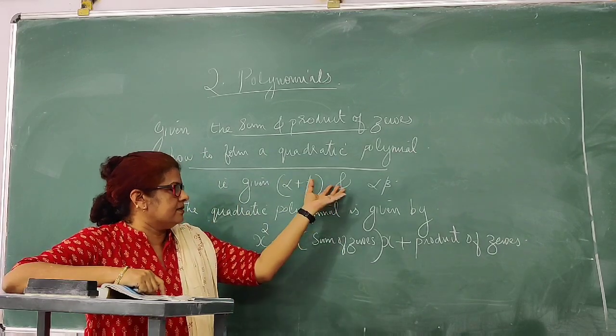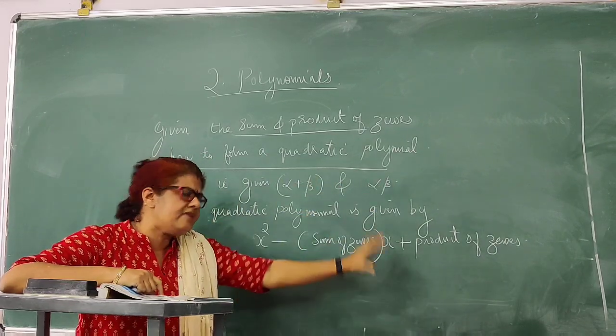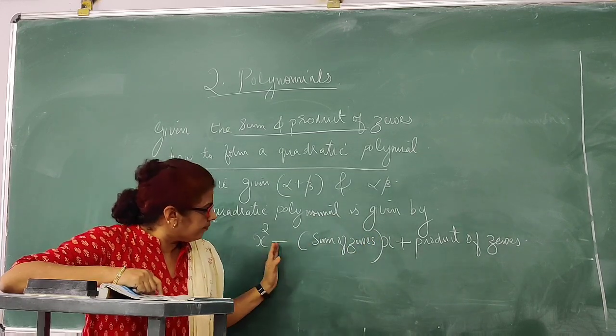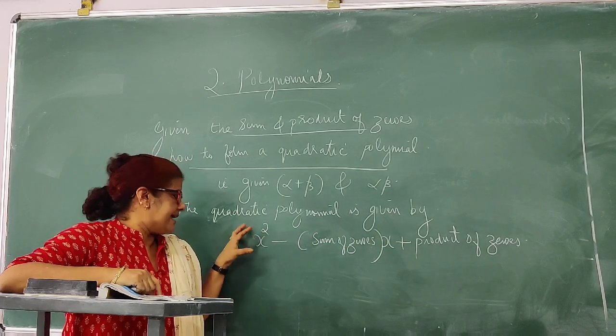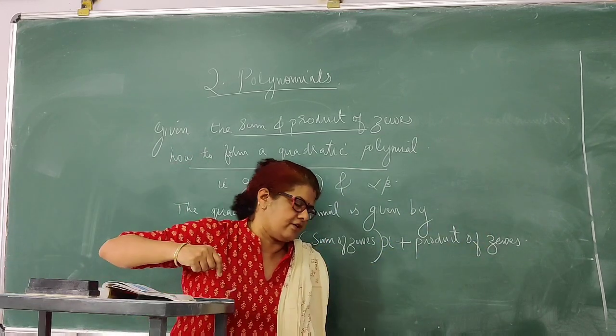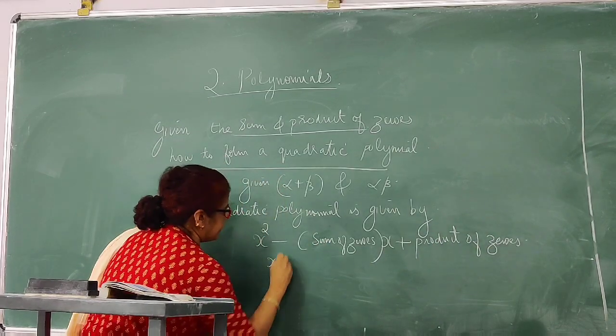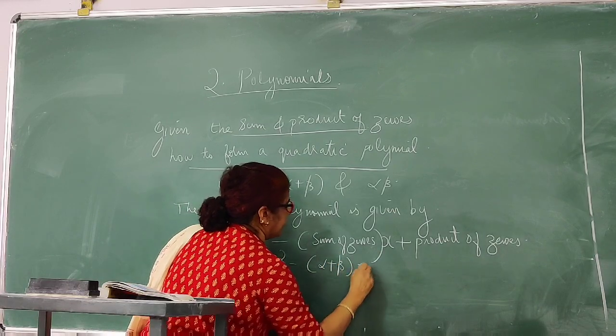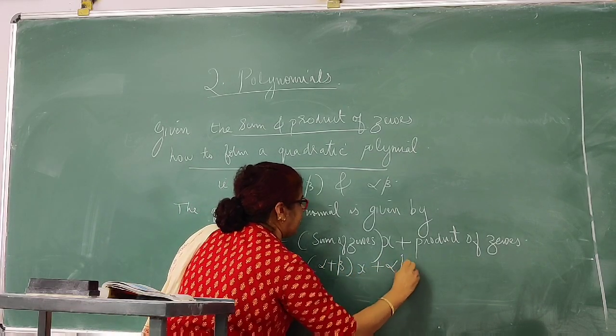If the sum and product of the zeros are given, directly we can form the quadratic polynomial by substituting in this form. That is, x square minus sum of zeros into x plus product of zeros. In other way, we can write it as x square minus (alpha plus beta) into x plus alpha beta.